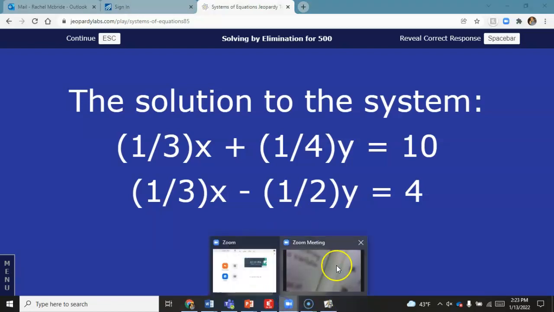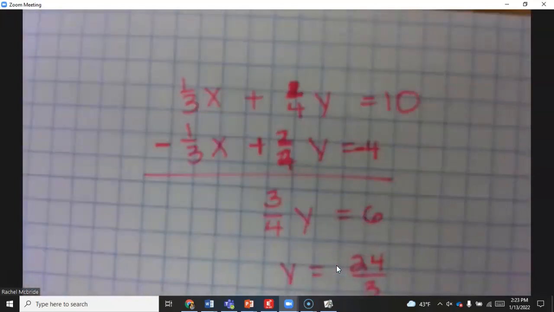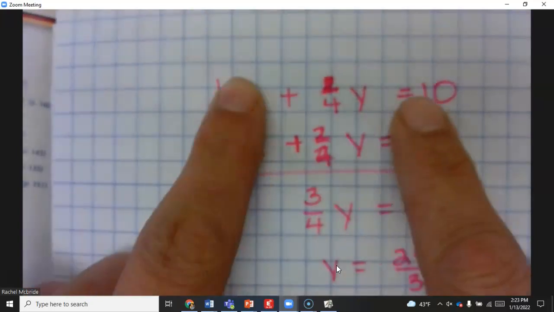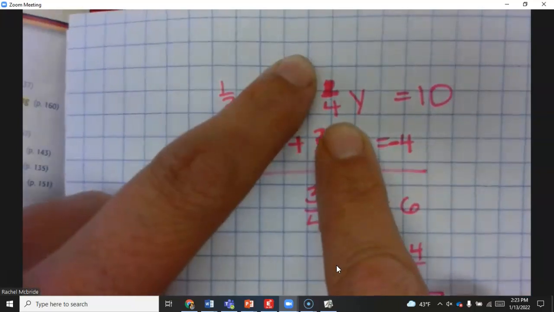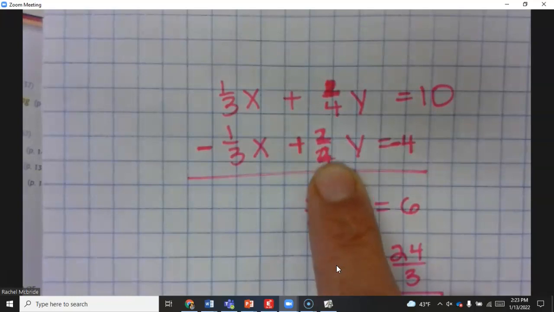Correct. I have 28. So, just an FYI, you should have eliminated, so that means we subtracted the bottom from the top. So you had 1/4 on top, and you had 1/2 here.